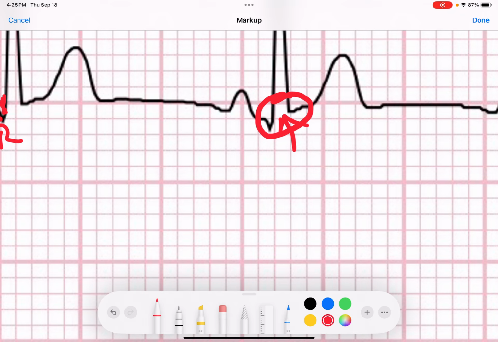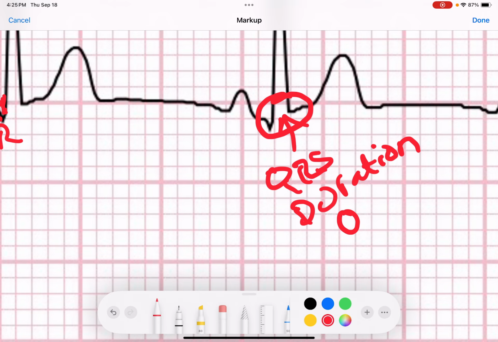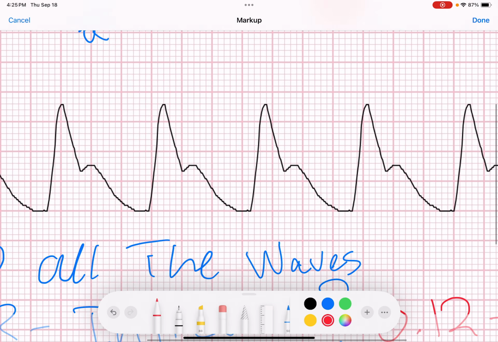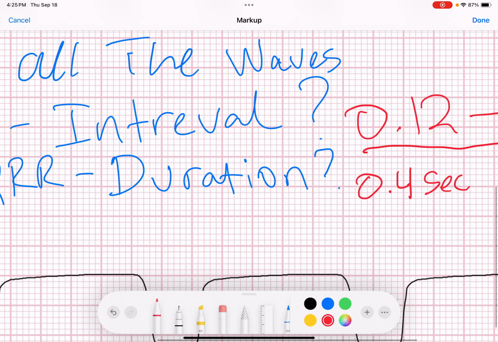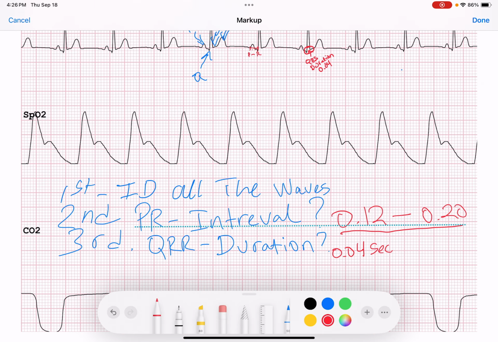That is your QRS duration right there. One little box equals 0.04 seconds, actually. I think I messed up right here. Sorry, guys. My dyslexia kicked in right there. So, let me fix that for you. 0.04 seconds. There we go.